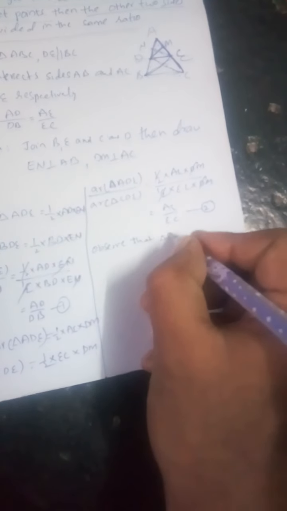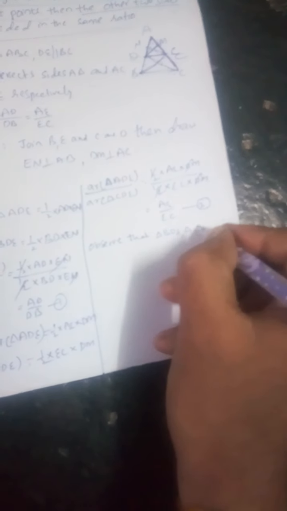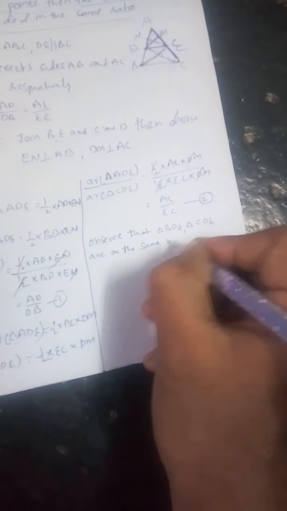Observe that triangle BDE and triangle CDE are on the same base DE and between two parallel lines.